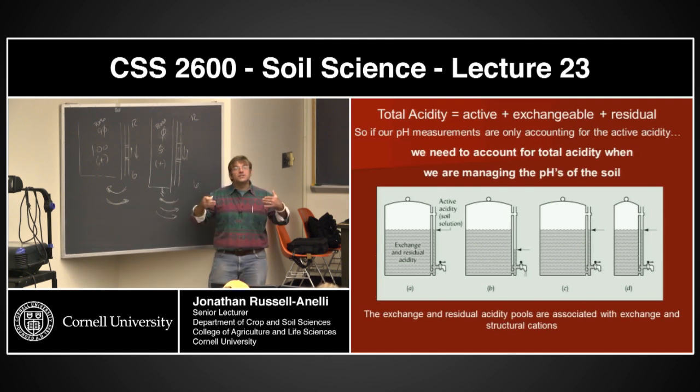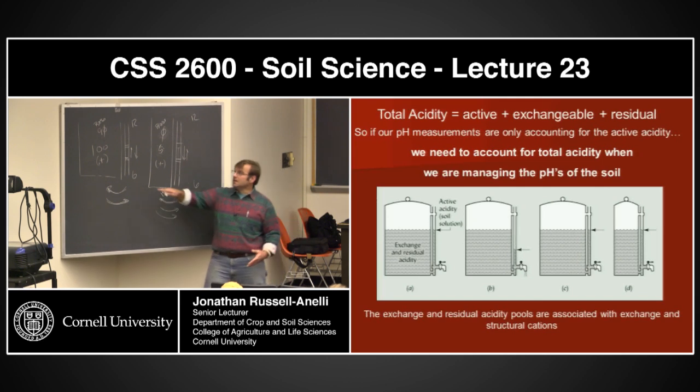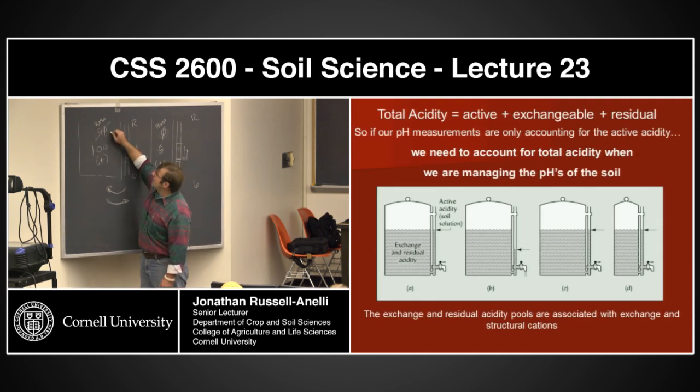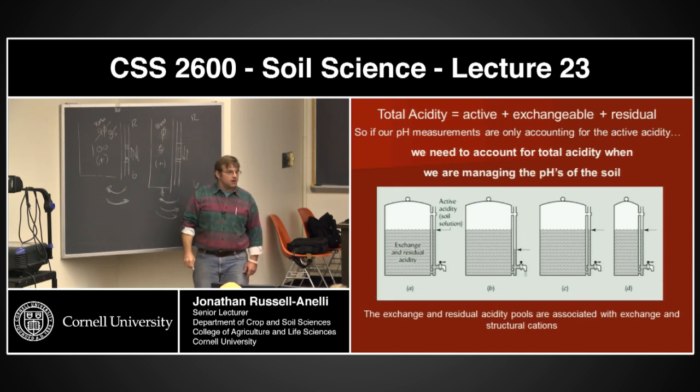Scenario number 3 comes along. Another incident. We add another 6 protons, and here, 6 protons. Again, we have this drop. It goes down a little bit. We have an exchange. We're now at 85% base saturation. pH goes back up a little bit. It's a little bit lower than when it started.